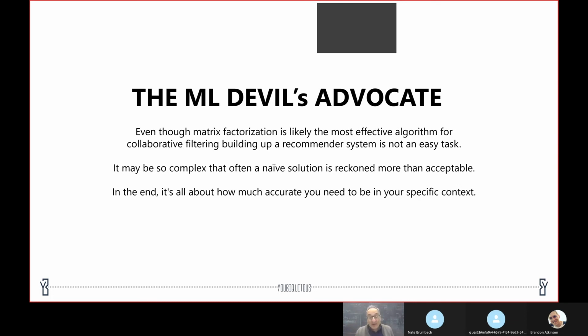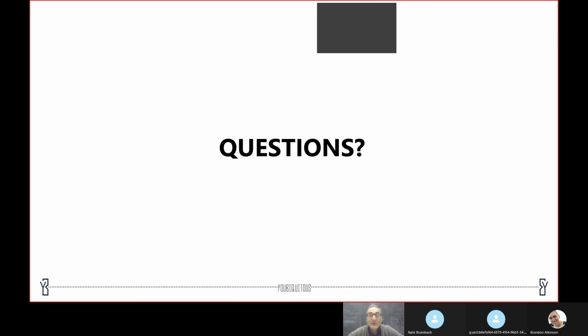So, that's the good news, a naive solution, if a naive solution is acceptable, is fairly easy. If you want to look for much more accurate solutions, then you probably have to invent an approach completely from scratch. And this is a pattern that doesn't apply just to recommendation and matrix factorization, but is, in our opinion, a general law of machine learning. Thank you very much for your time.